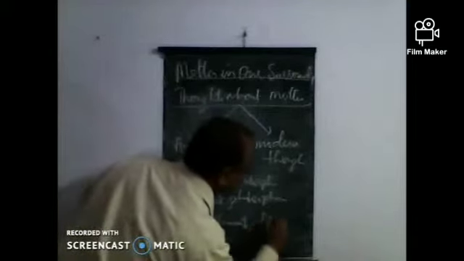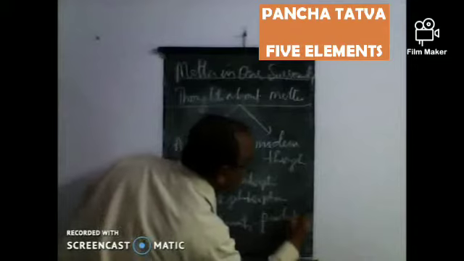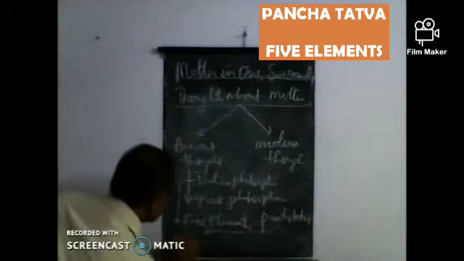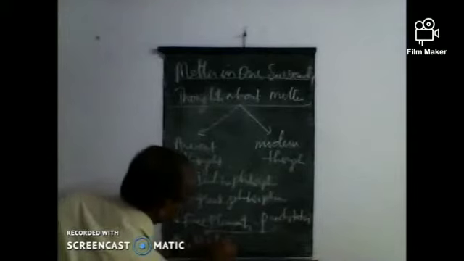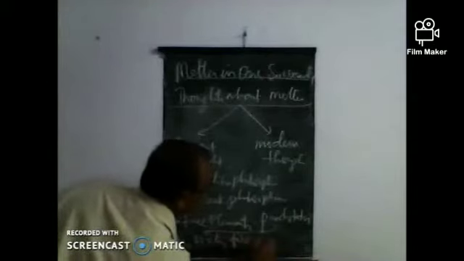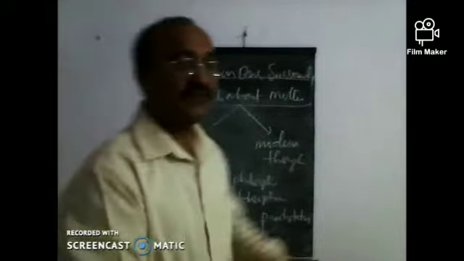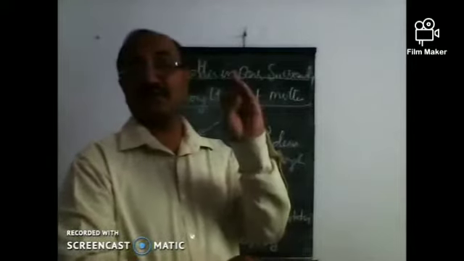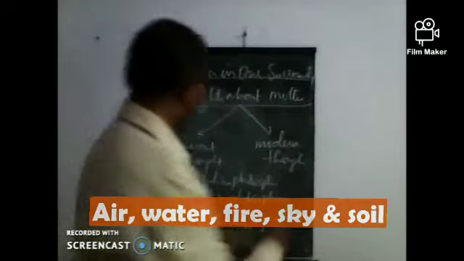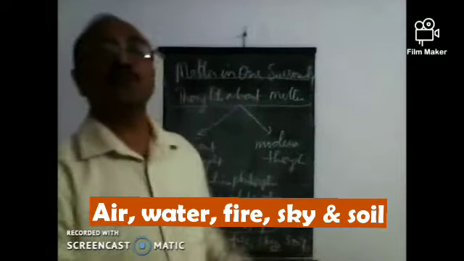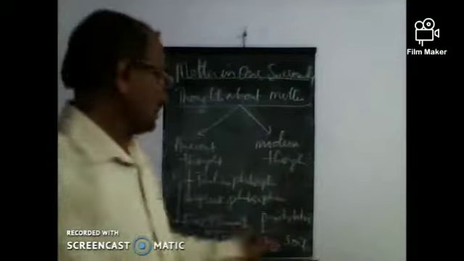They are called the Pancha Tattva. And these Pancha Tattva are air, water, fire, sky, and what else? Have you heard about Pancha Tattva? Air, water, fire. The next one. Then the last one is soil. So this was the old or ancient thought about matter.